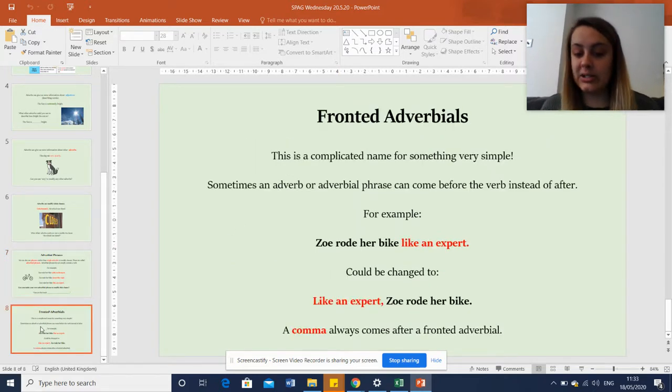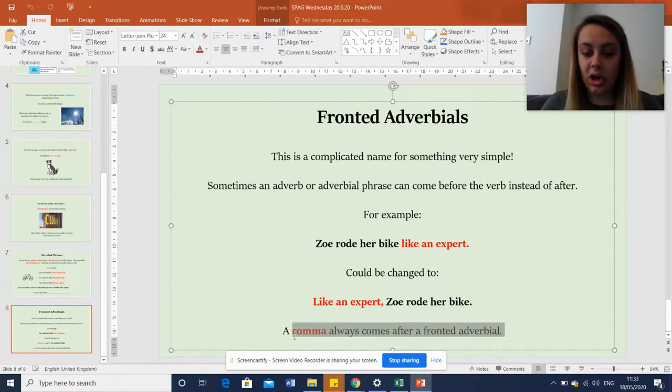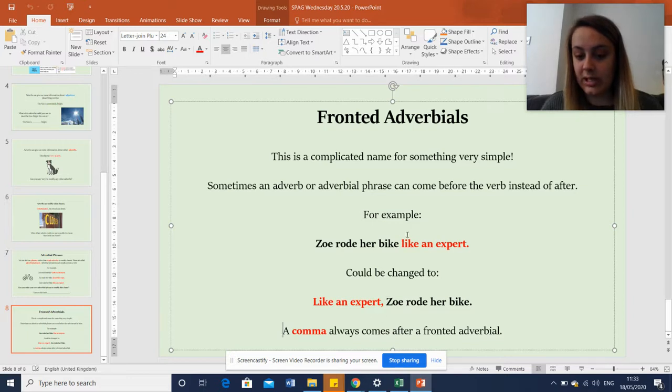Like an expert, Zoe rode her bike. But remember, a comma, this is key, a comma is always needed after the fronted adverbial. Don't need it here, but if you change this adverbial phrase and move it to make it a fronted adverbial, you do need a comma.